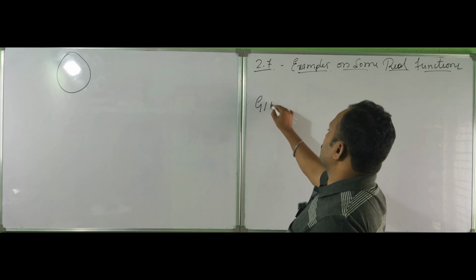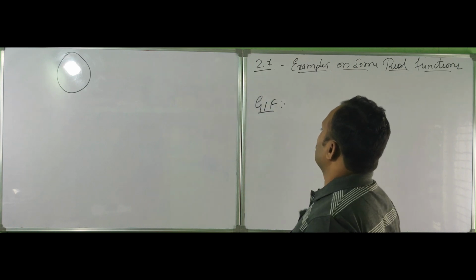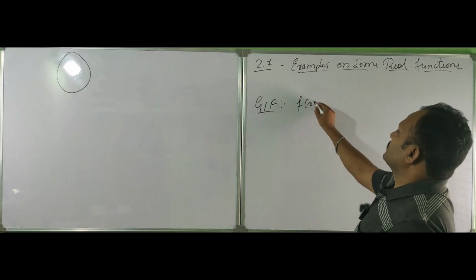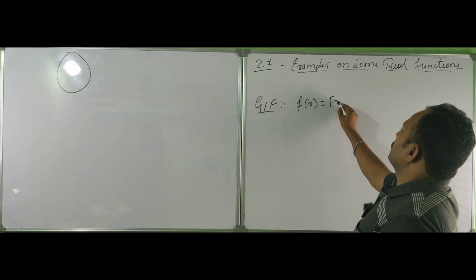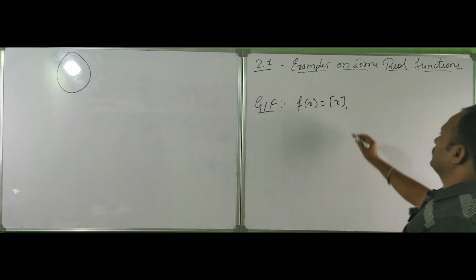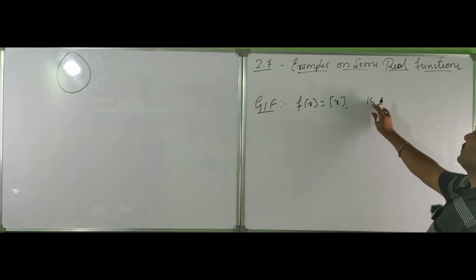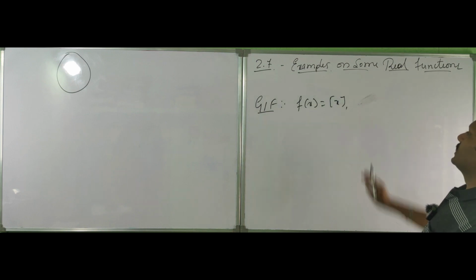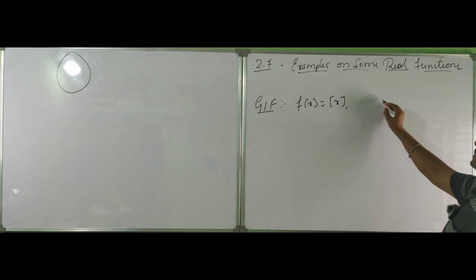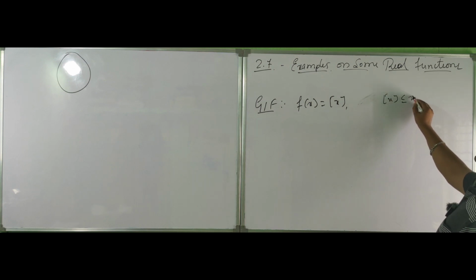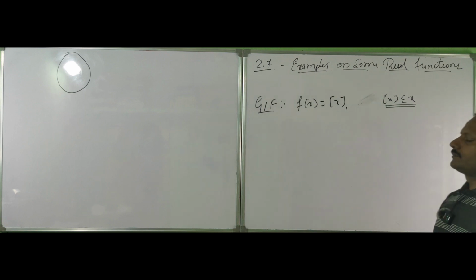Greatest integer function. f(x) = [x]. The greatest integer function means [x] is less than or equal to x always.